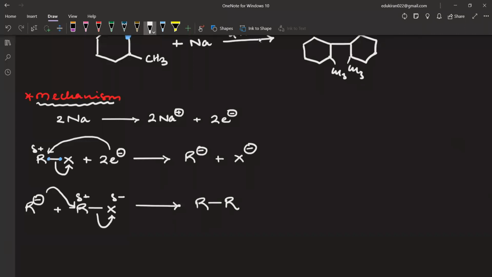Plus you will get X negative from here. If you write the overall reaction, then you will see that two Na positive and X negatives are there. So you are going to form the sodium salts of halogen, and R-R will be formed. Okay, R-R. This is where the inspiration for RRR came from. Okay, write this fast.